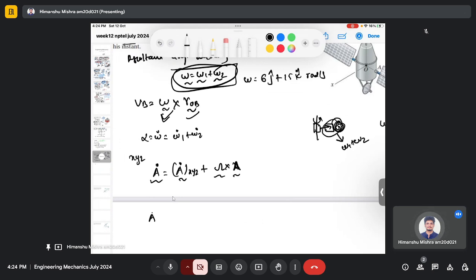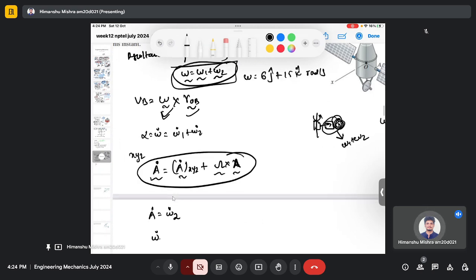So if my A dot is omega dot 2, then following this equation, my omega dot 2 will be omega dot 2 in the moving frame plus the rotation of the moving frame.